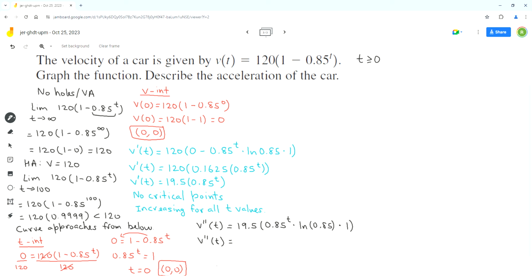Now we can simplify this expression. ln of 0.85 times 1 is just ln of 0.85, and we can multiply 19.5 by ln of 0.85. So I got negative 3.17 times the exponential term.